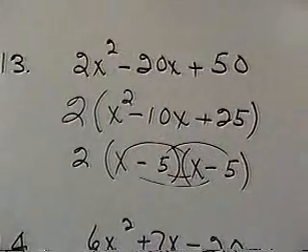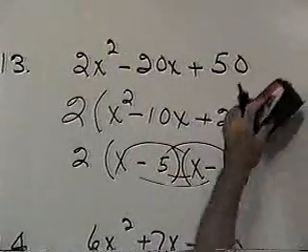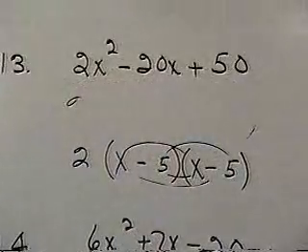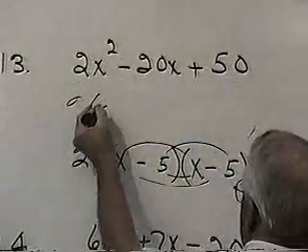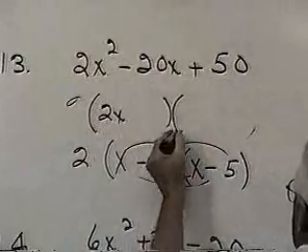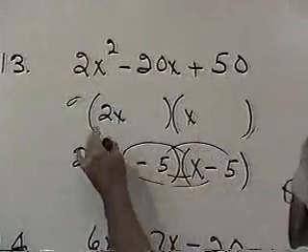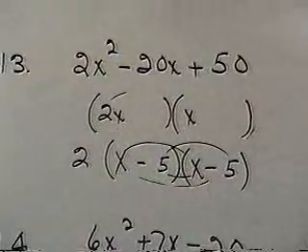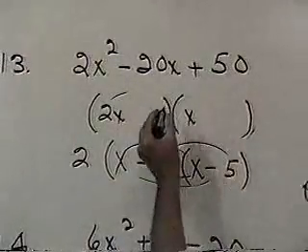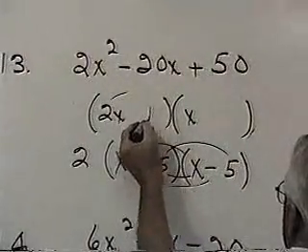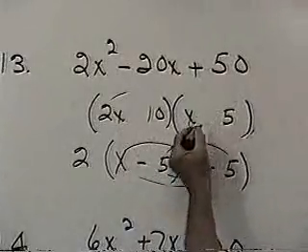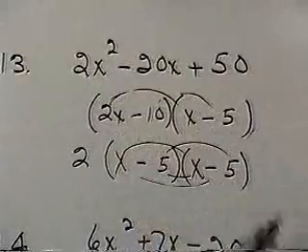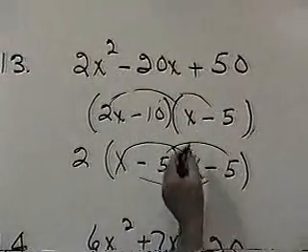Now, it so happens that we could have gotten there by factoring it like it is. We could have said, well, this would be 2x and x. All right, we would have 2x and x, first times the first. All right, and then the last times the last would have been what? 10 and 5. Okay, first times the first, that checks. Last times the last, that's a plus 50, checks.